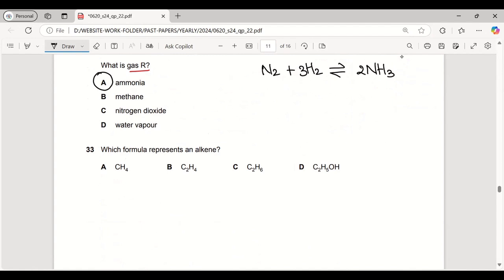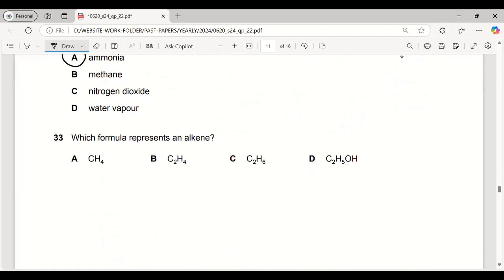Which formula represents an alkene? Now, these are all molecular formulas. For the molecular formula, we have to know the general formula, which is CnH2n for alkene. So which formula fits this general formula? Is it CH4?